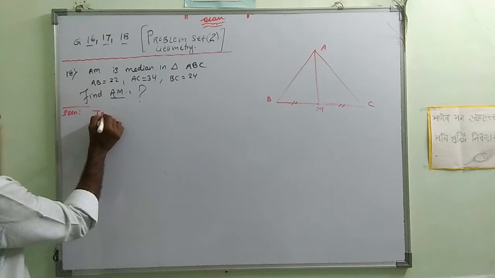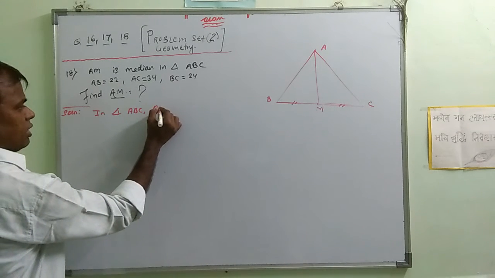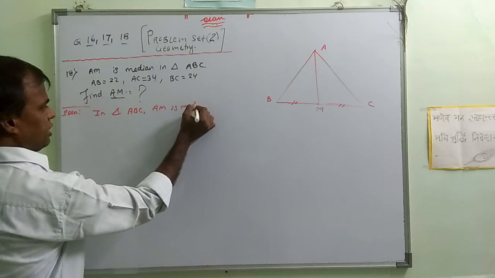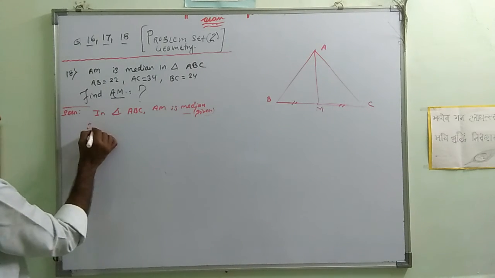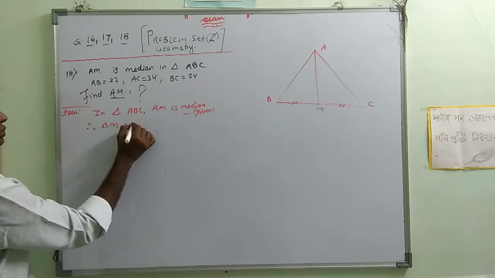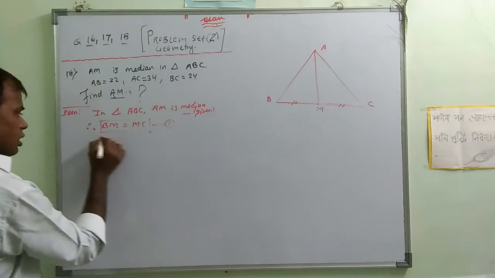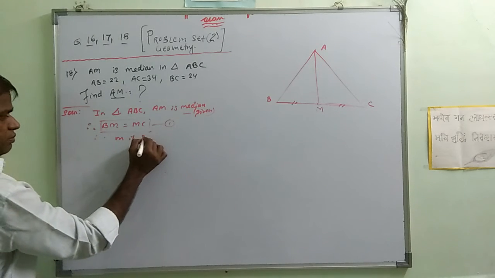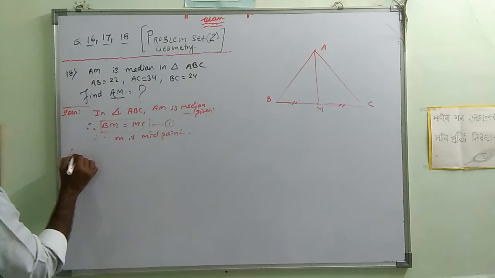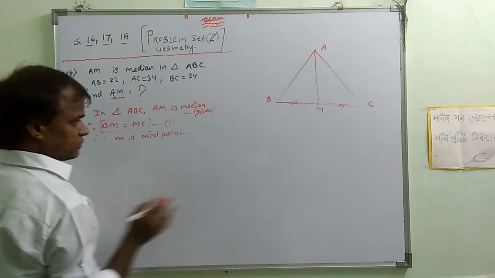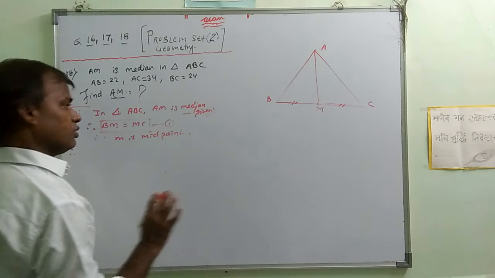Solution: in triangle ABC, AM is the median. Therefore, BM equals MC. Therefore, M is the midpoint. And therefore, we can apply the Apollonius theorem.